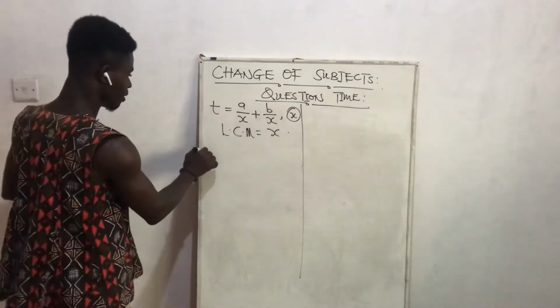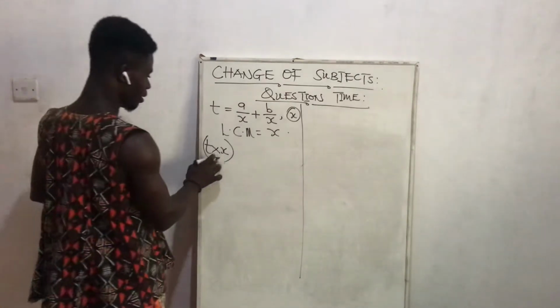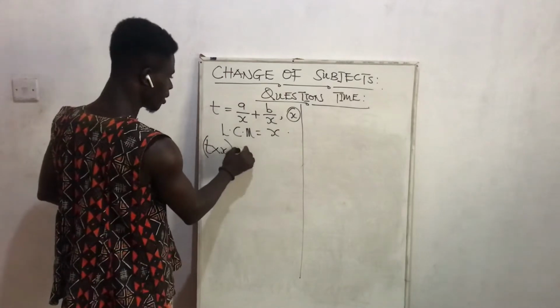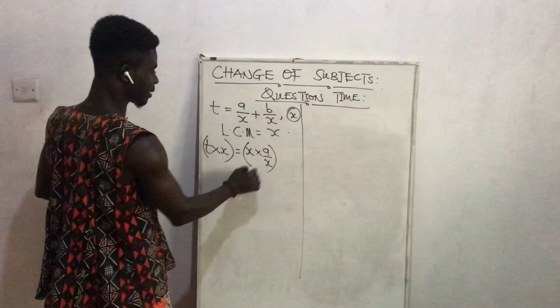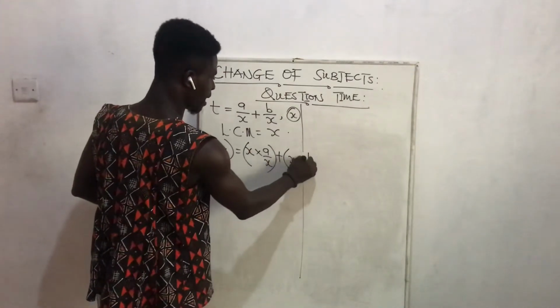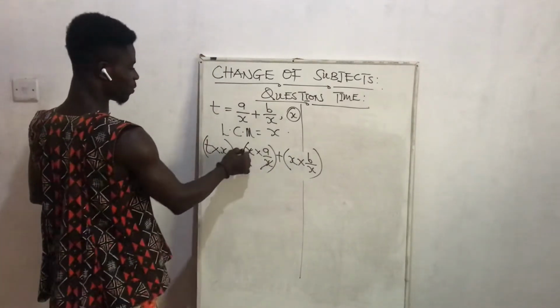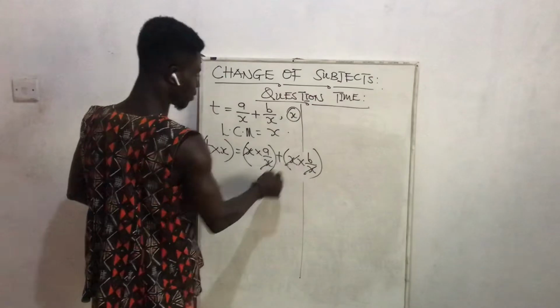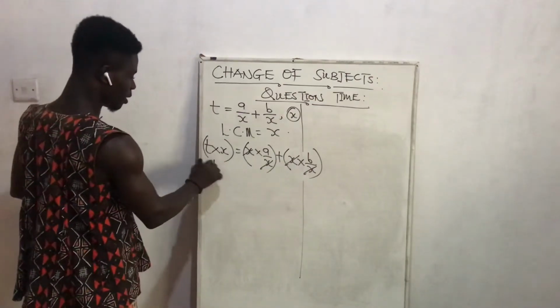So I have T multiplying X, in brackets, equals X multiplying A on X, then plus X multiplying B on X. So X cancels X. Then X cancels X, right?